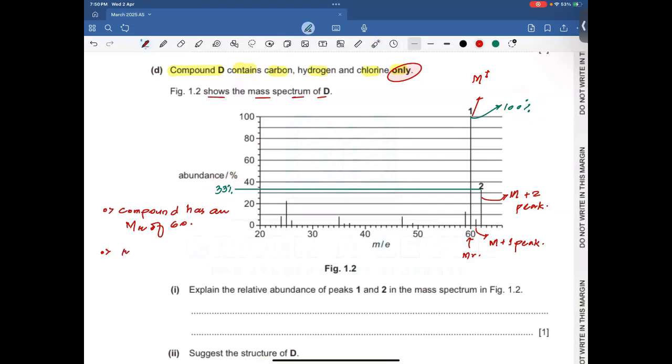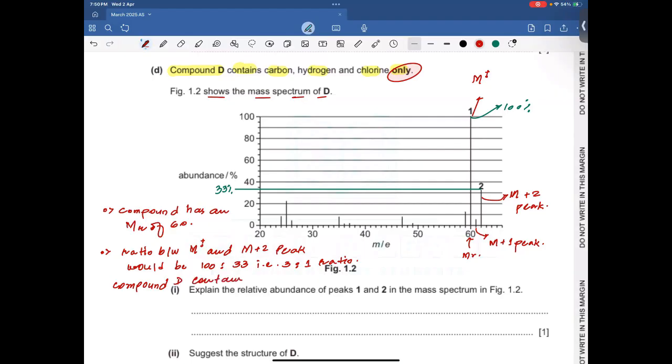So the ratio between the molecular ion peak and the M+2 peak would be 100 to 33. That is 3:1, which means compound D contains only one chlorine atom. That's another piece of information I've collected from this spectrum.